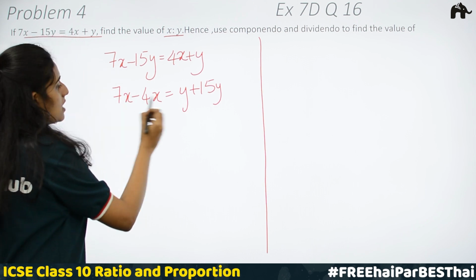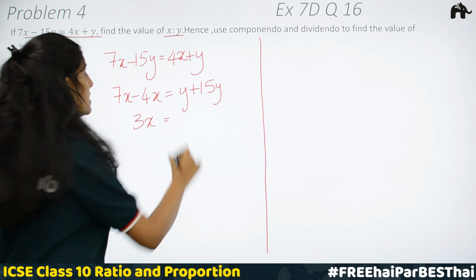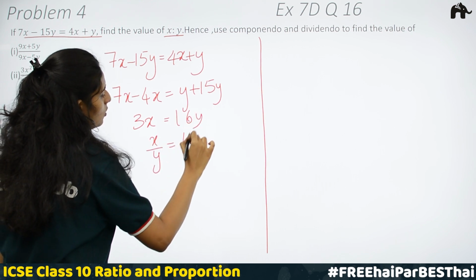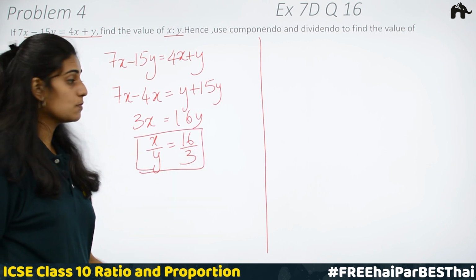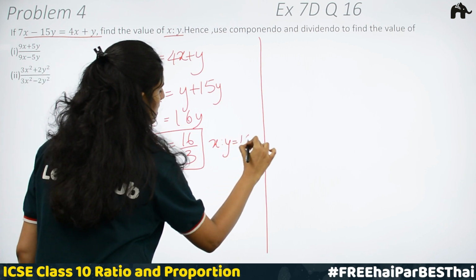That is 7x minus 4x is 3x is equal to y plus 15y, 16y. Then what is x by y? X by y is equal to 16 divided by 3. We got the value of x by y, that is x is to y is equal to 16 is to 3.